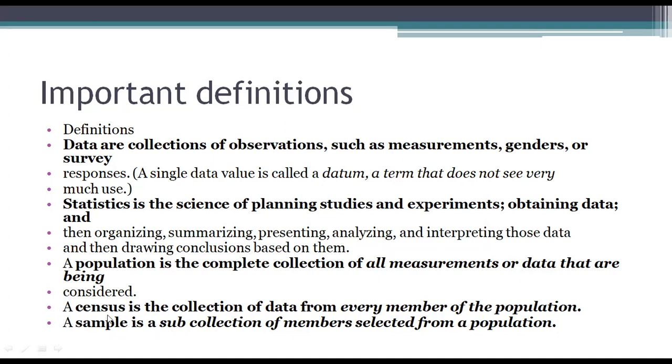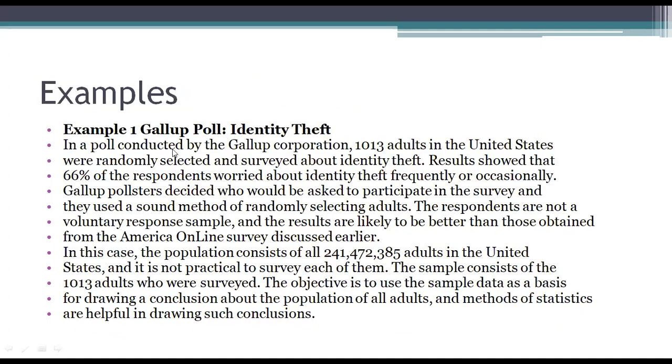Next we learn more about samples. Here we have one example. In the US, they collected data from 1013 adults through a survey. They went to the 1013 adults one by one and asked how they feel about identity theft.